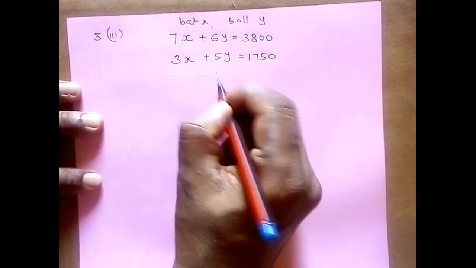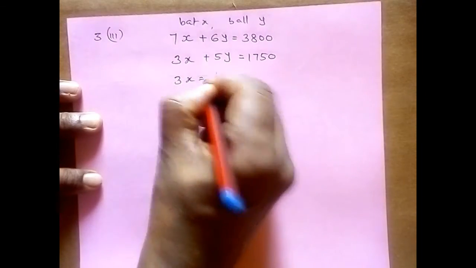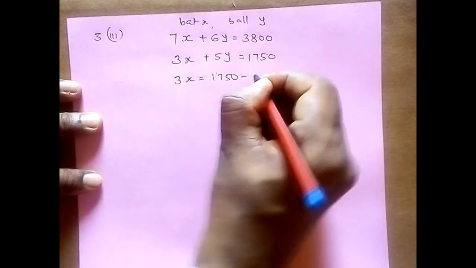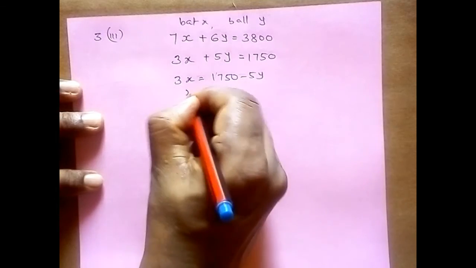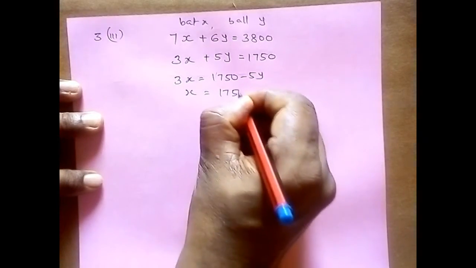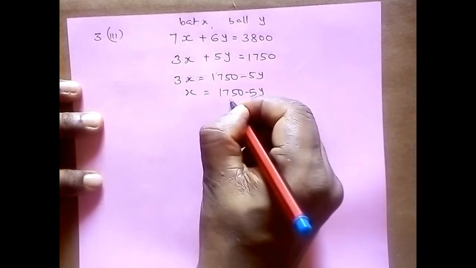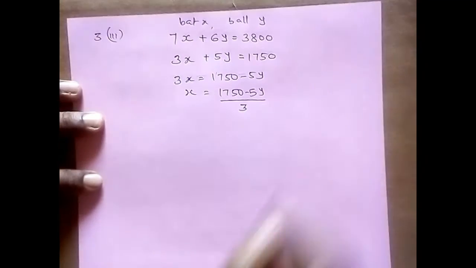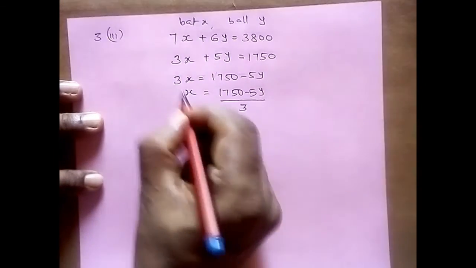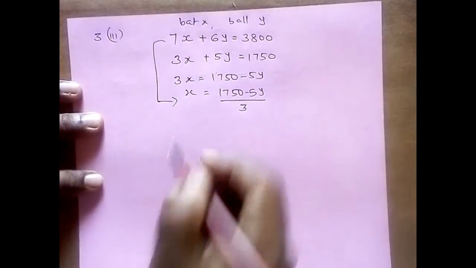So from the second equation, 3x equal to 1750 minus 5y, or x is equal to 1750 minus 5y divided by 3. This we will substitute in the first equation.